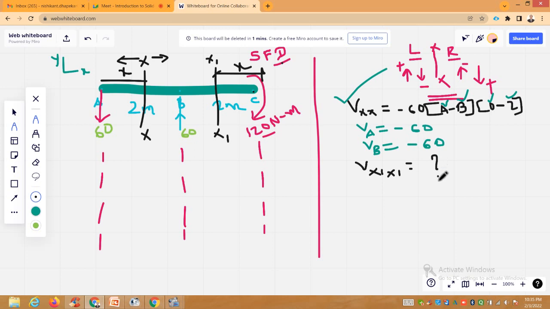This is the big question mark. To the right of this section x1, no vertical force exists. So if I am considering the right hand side of this section, there is a moment but no vertical force. So the master equation is 0. No doubt the section is valid from C to B, as I have considered section right.